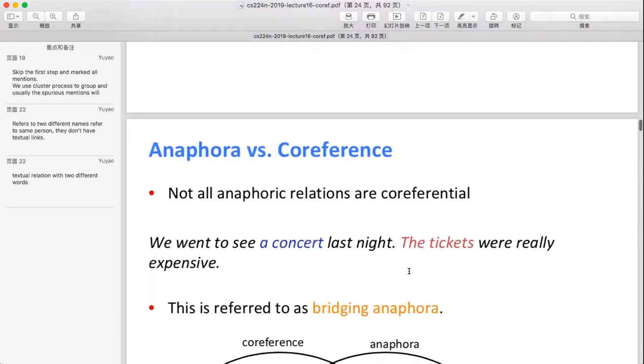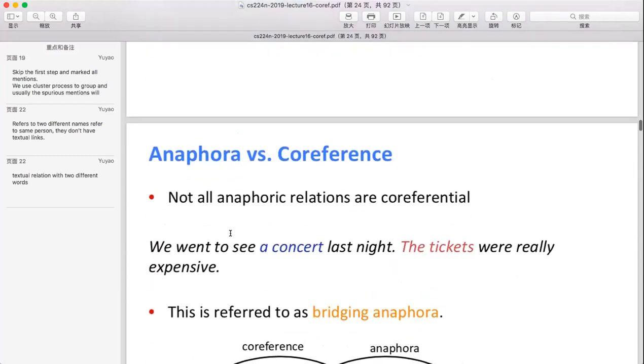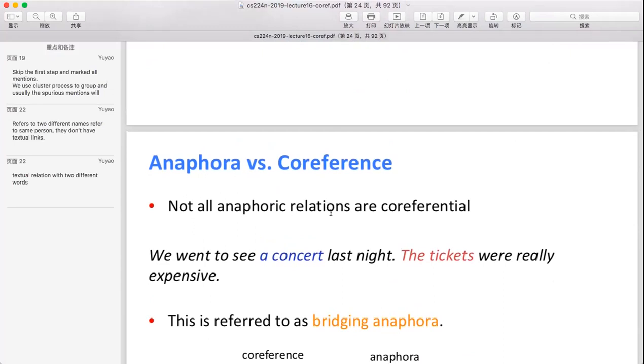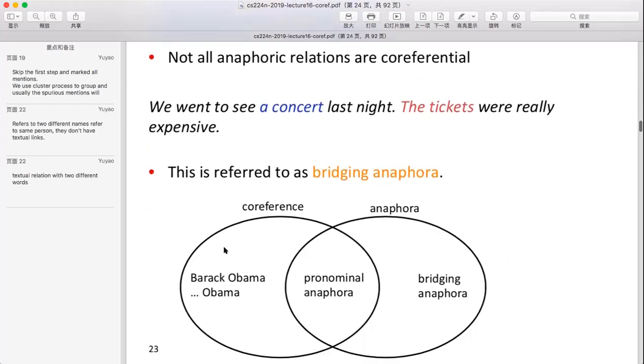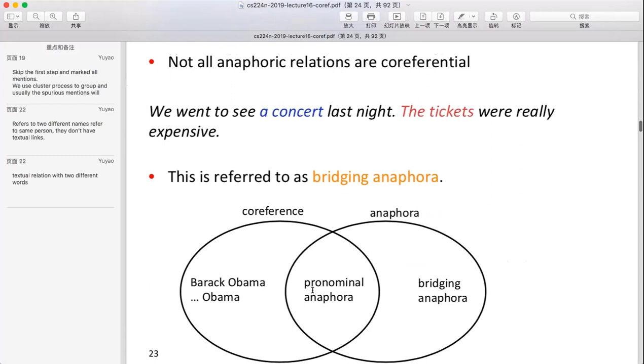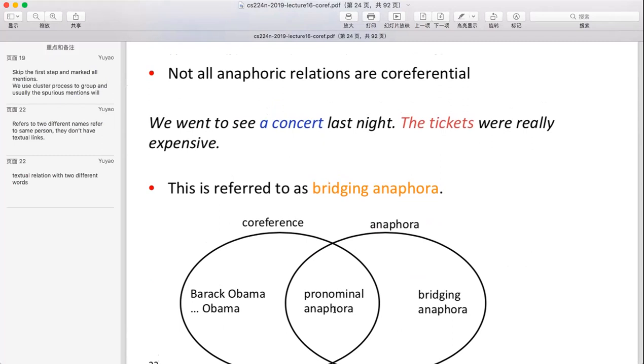So people are probably a little confused about what the anaphora and the coreference are. What is the difference between them, and are they included in each other or not? So here's a very brief chart to show the relation between them. For example, as we mentioned, the pronominal anaphora, which is the "he," refers to Obama, right?